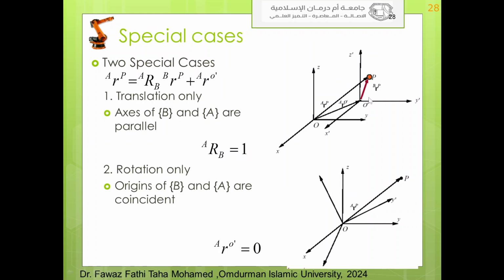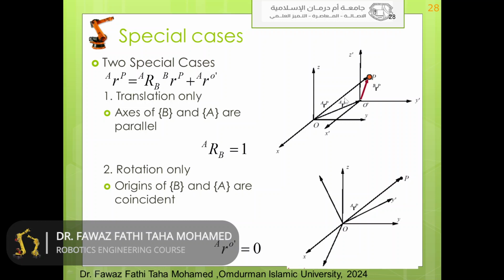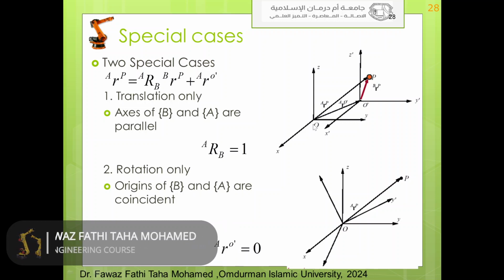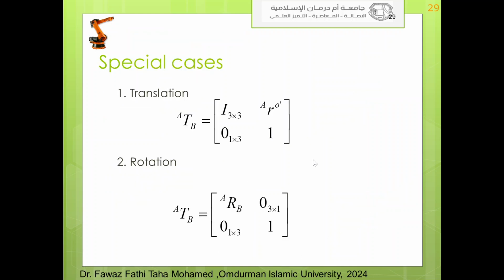If there is no translation, if we don't have this vector from A to B, the translation vector equals 0, and we just have rotation, a change in orientation.